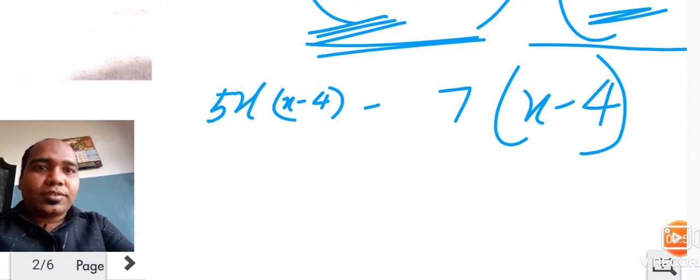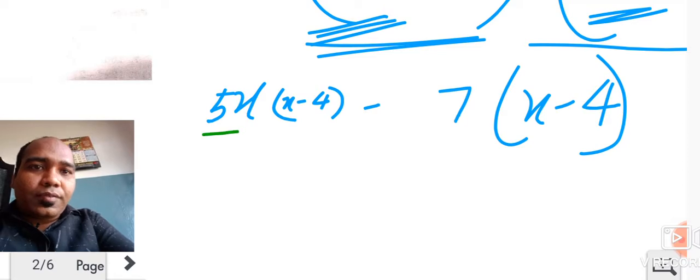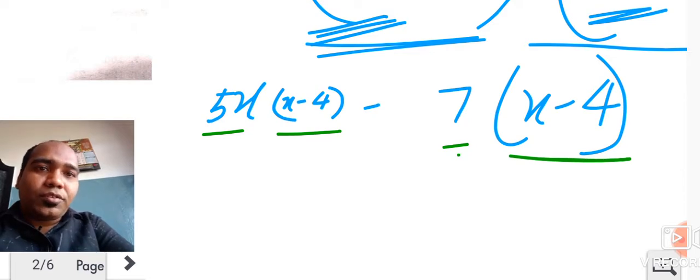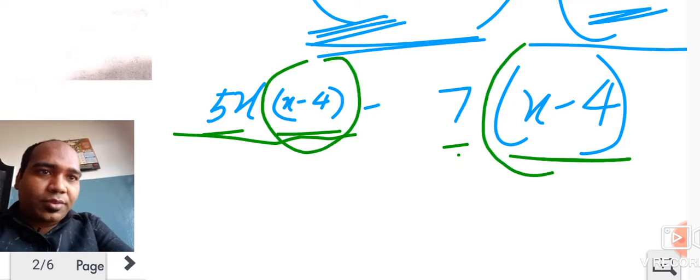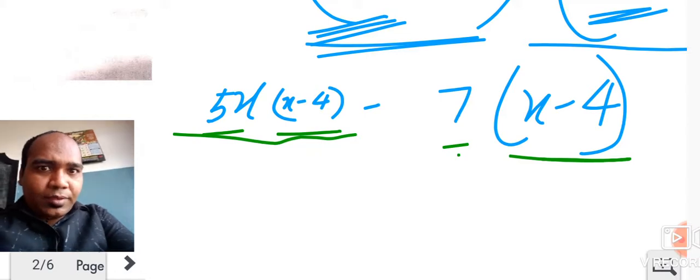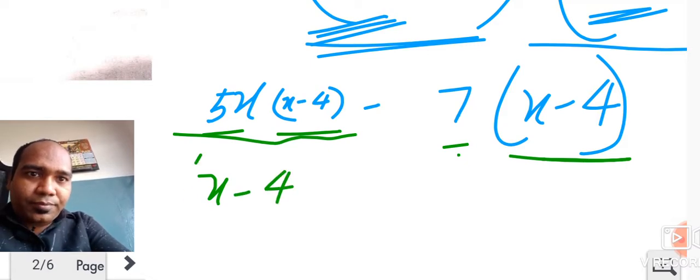Now, this is the question. Here 5x is being multiplied with x minus 4, then 7 is being multiplied with x minus 4. So, you can see that in both terms x minus 4 is common. So, what we have to do? We have to take x minus 4 common.